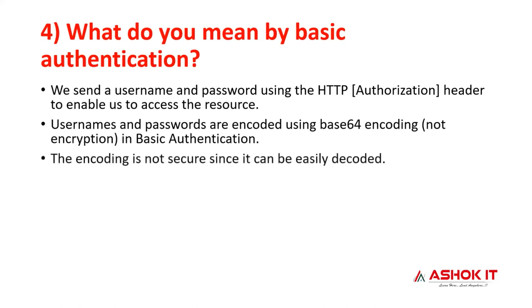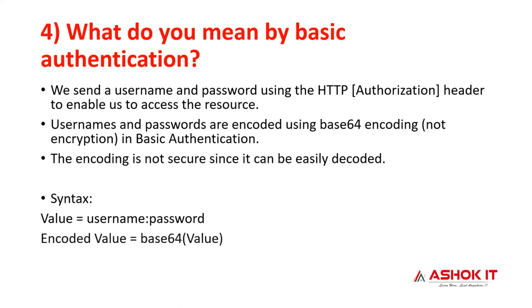So this header parameter is going to be sent with the request, and it can even be decoded very easily. The syntax looks like this: first, a value is constructed using username:password, and the same value is Base64 encoded. The Authorization header is added in the request header, and the basic encoded value we have to send. This is basic authentication.